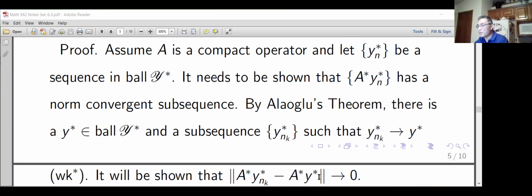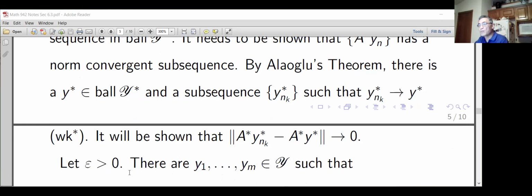If the norm goes to 0, that means this sequence has a cluster point in A star of the ball. So A star of the ball is compact.